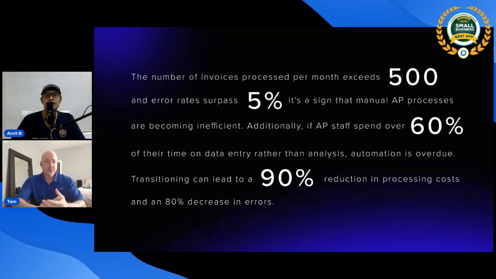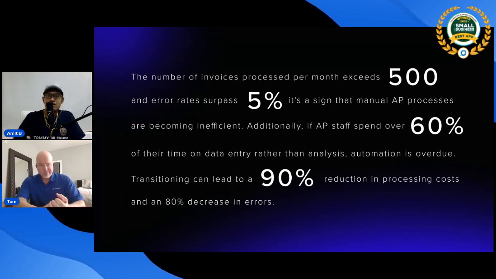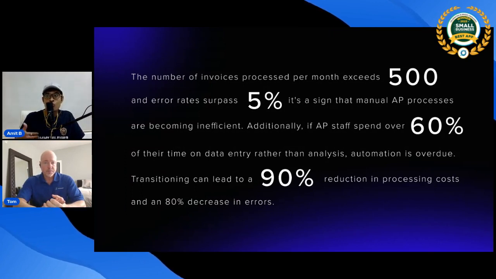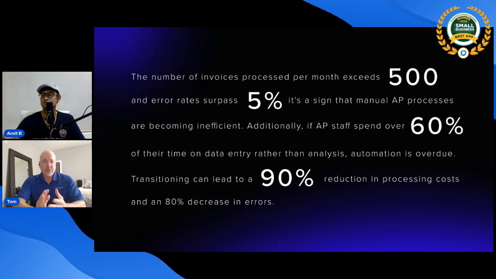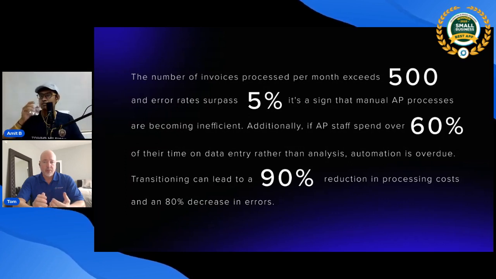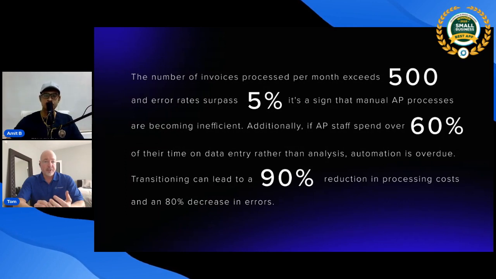All right. Now, can we discuss the impact of AP automation on vendor relationships, supplier management strategies, and so forth? Yeah, so they enhance vendor relationships by ensuring timely payments.